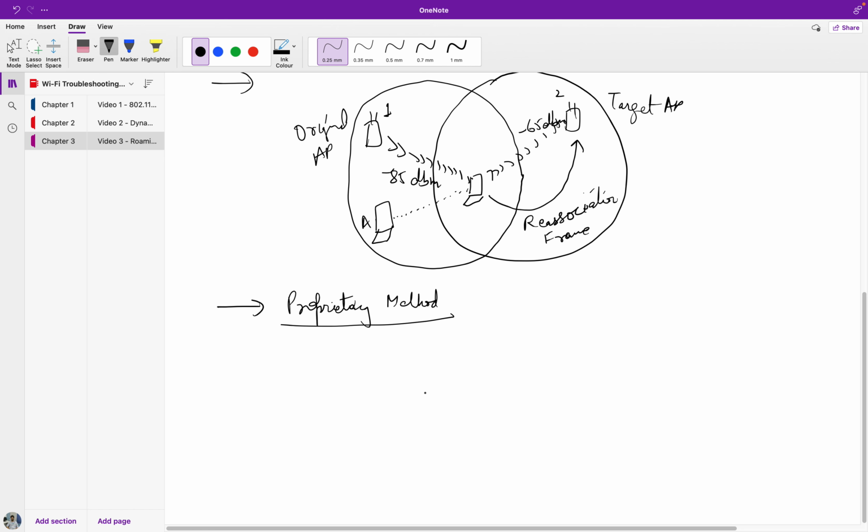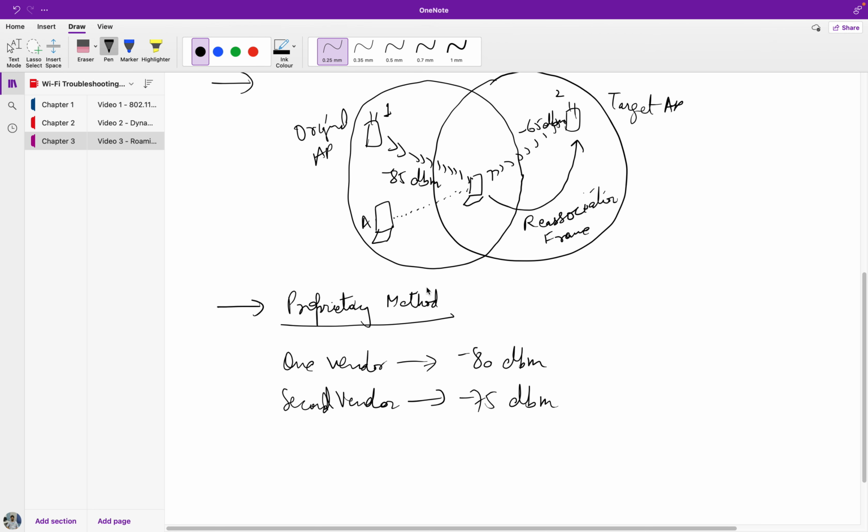So it all depends on how the vendor has implemented that. One vendor can have it at minus 80 dBm, while a second vendor in the same network can push the client to roam even at minus 75 dBm. It all depends on how the vendors have implemented that, because it's a proprietary method.